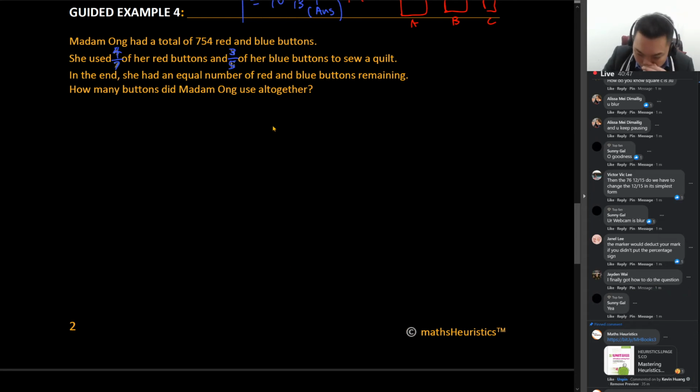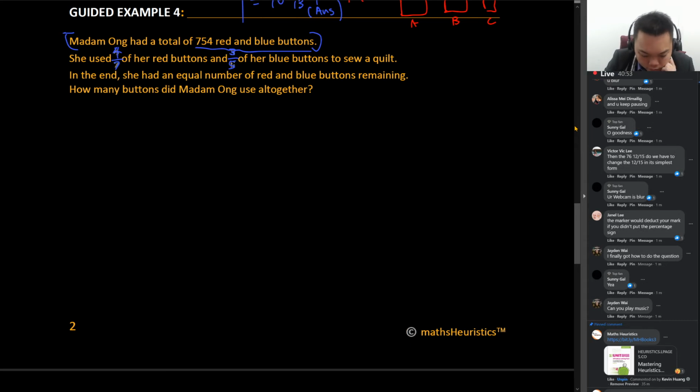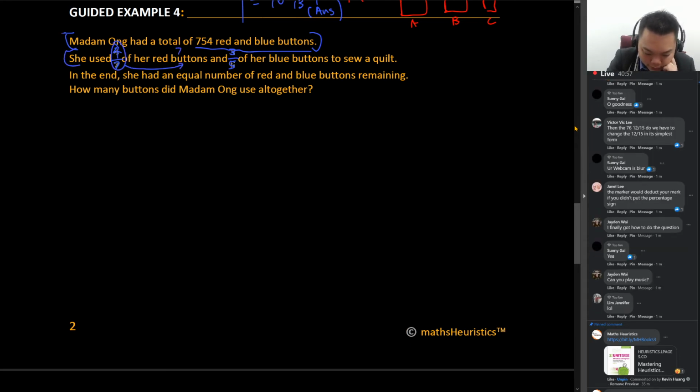Okay, so over here you see that Madam Ong had a total of 754 red and blue buttons. She used 4/7 of her red buttons and 3/5 of her blue buttons to sew a quilt. At the end, she had an equal number of red and blue buttons remaining. How many buttons did Madam Ong use altogether?